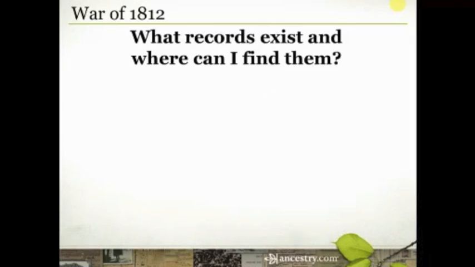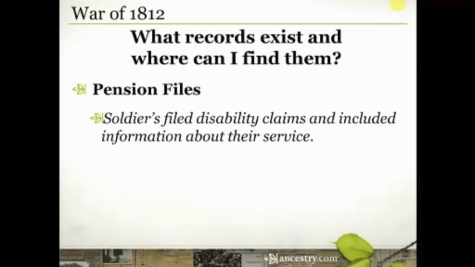Now, for the last couple of minutes here, I just want to talk about what I consider probably the richest resource in any military research, but especially for the War of 1812, and that is pension files. Pension files usually fall under two specific categories, and sometimes both, depending on the case of your family.